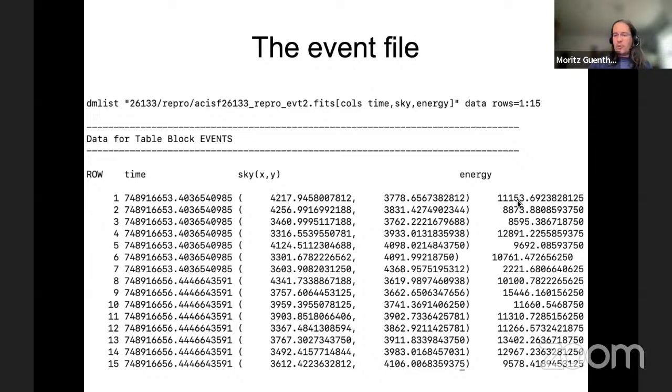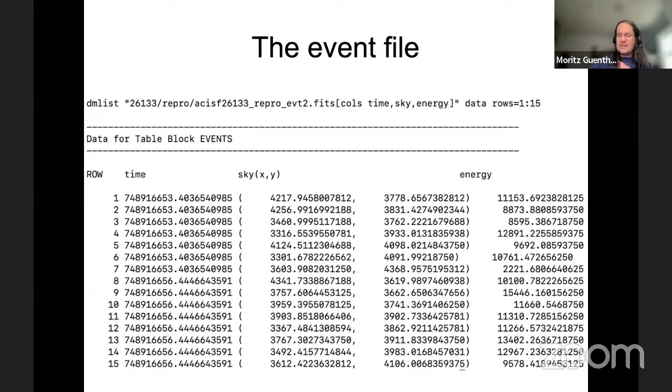From looking at that, I can see that it's probably a background photon, because Chandra's mirrors don't actually focus X-rays that high in energy. That means it's almost certainly not a real photon. Here's another one, 12,000, 10,000. With the software we can say, oh, that's more than 10 keV.